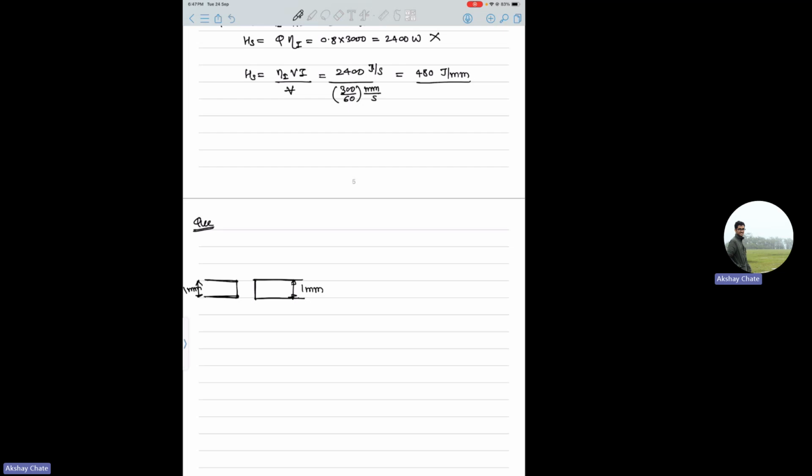Their density is given as 8000 kg per meter cube, so mostly steel or iron. Yeah, mostly steel because 7900 is there.